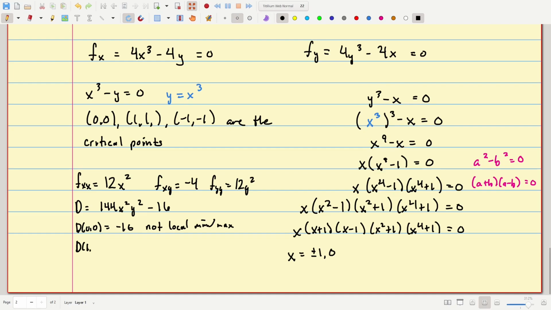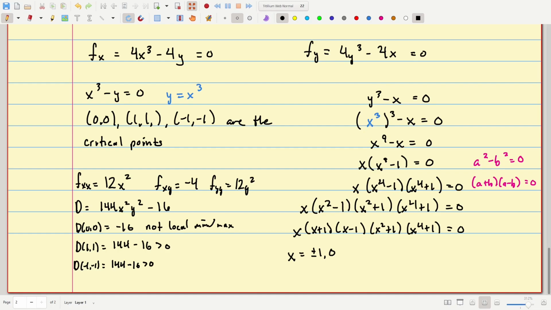If we plug in 1, 1, we're going to get 144 minus 16. It's positive. Okay. And here we plug in -1, -1. Also 144 minus 16, positive.